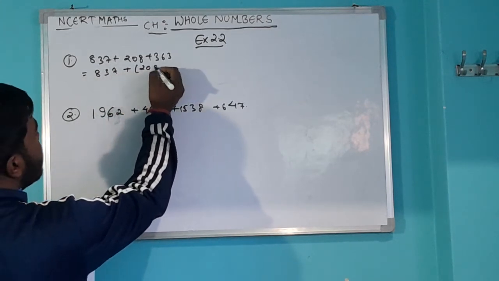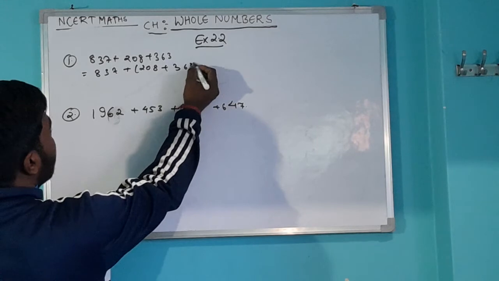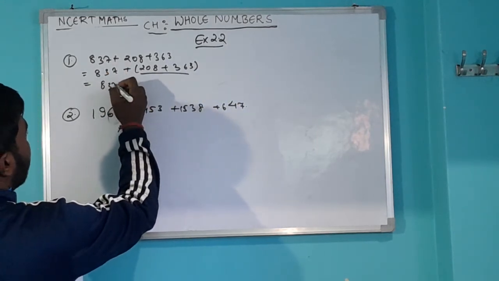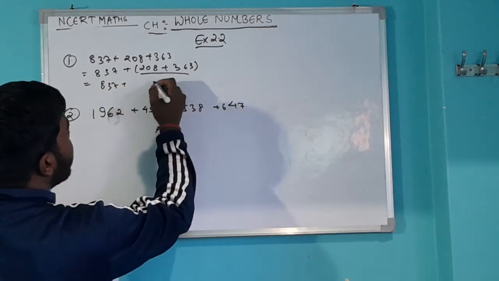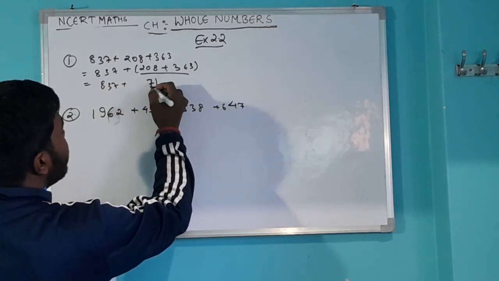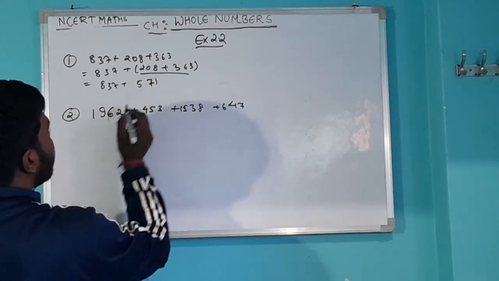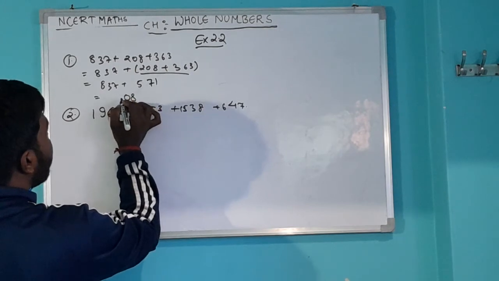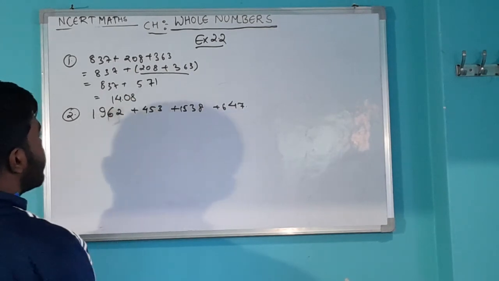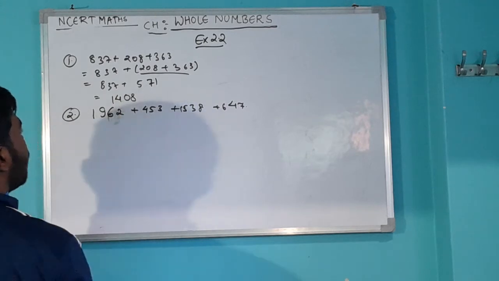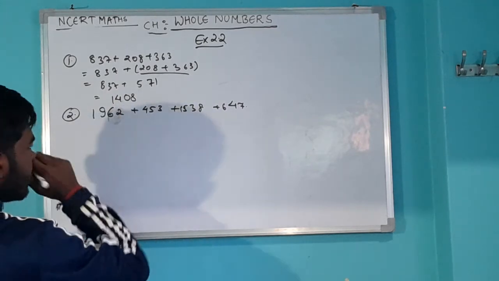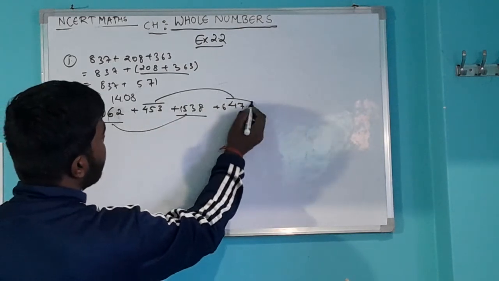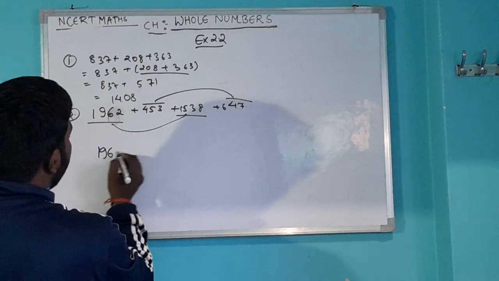Firstly, we add the smallest parts, leaving the greater parts, and then add to the greater part, which gives 1408.